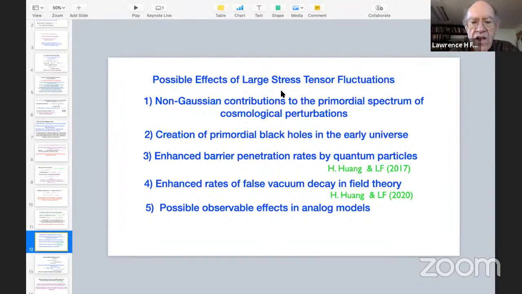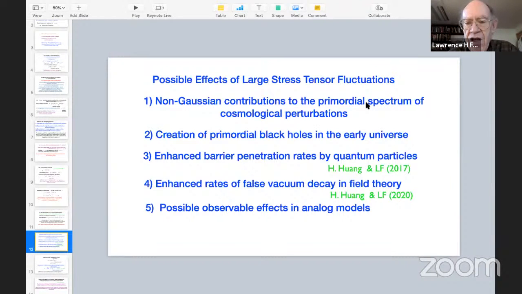And those fluctuations will basically give non-Gaussian gravitational perturbations. So for example, in cosmology, we're often very interested in the primordial spectrum of what are called both scalar and tensor perturbations.